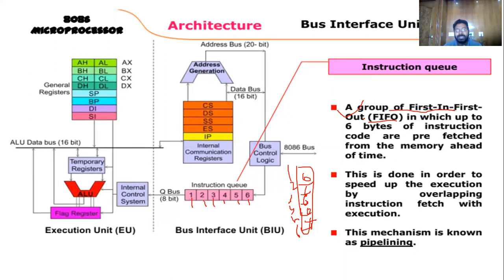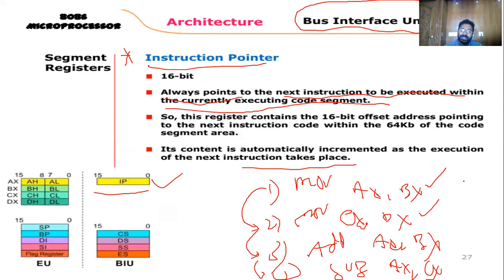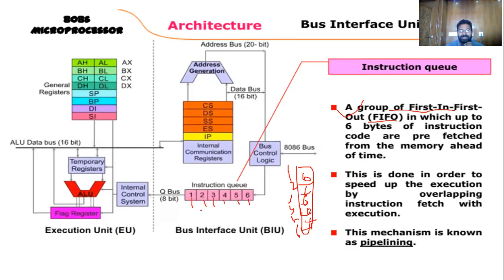It can take five or six instruction codes at a time and store them in this queuing register, then give these commands to the execution unit one by one, first come first served. This is the main advantage of the 8086 microprocessor. It reduces the execution time, which means the microprocessor speed gradually increases.